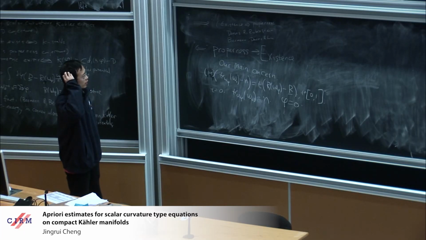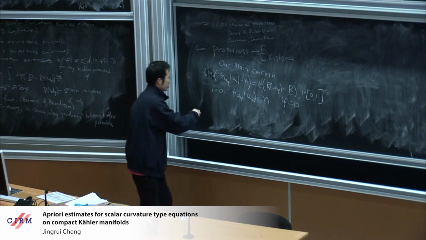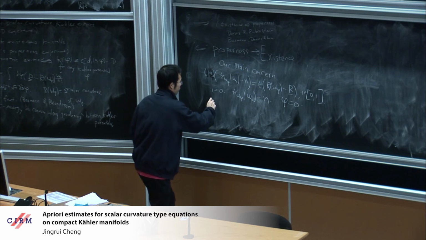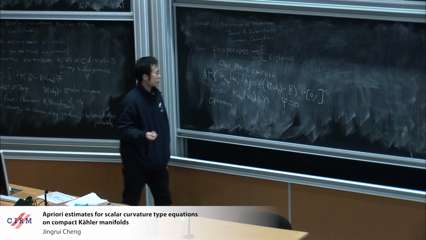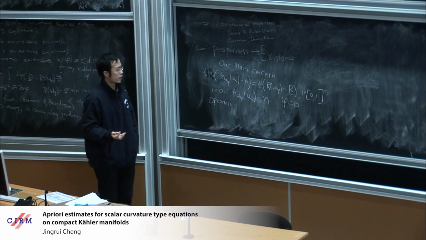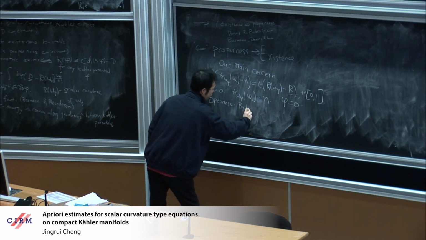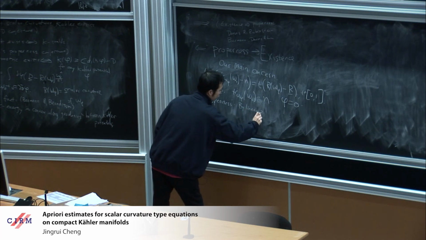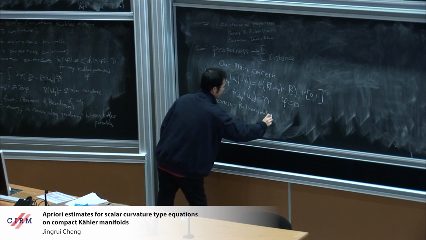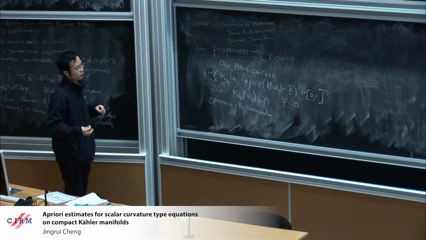Okay, so then the next question is to show the path is open. The openness is by some implicit function theorem, by linearization, and studying a linearized fourth order operator.